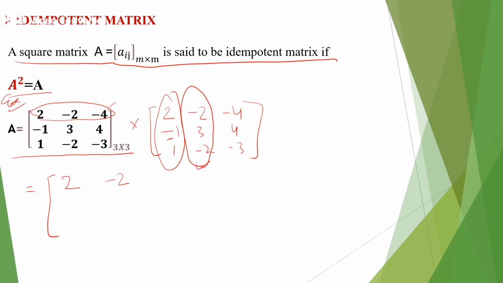Then the first row with the third column, we get -4, because 8 minus 8 minus 8 and plus 12. In a similar way, the second row with the first column, we get -2 plus -3 plus 4, so we get -1.